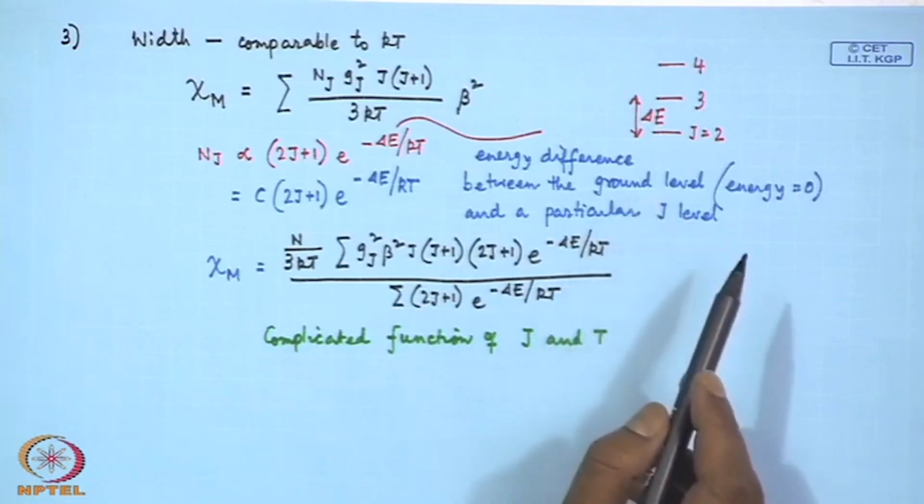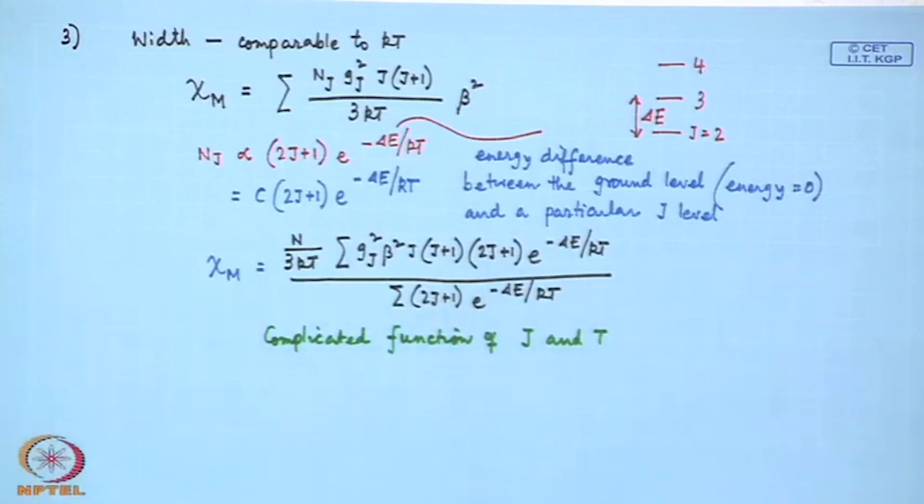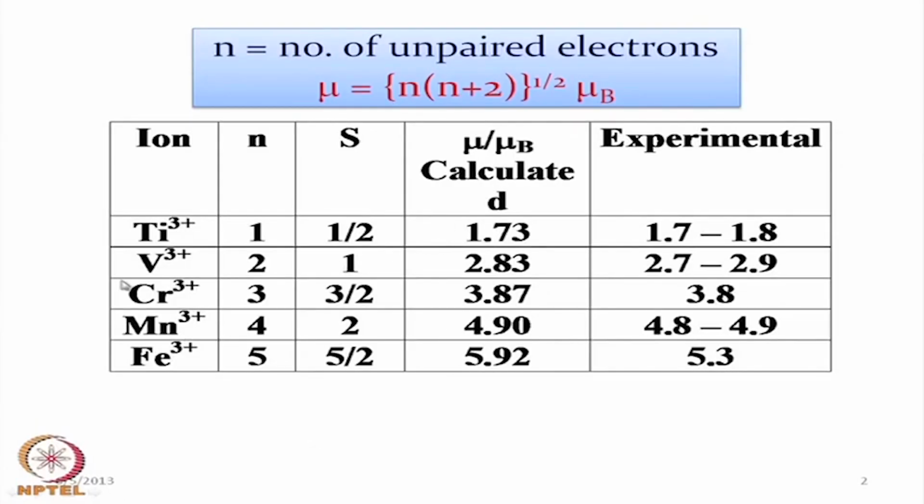So as a result, if we apply the different terms for these different values, what we have seen for titanium, vanadium, chromium, manganese up to copper 2 plus, is what we can calculate in terms of the corresponding values with respect to the S value.